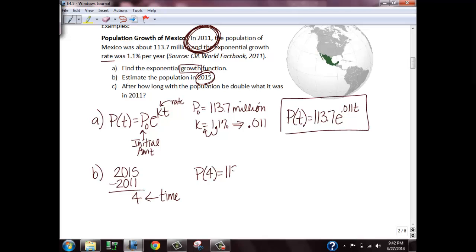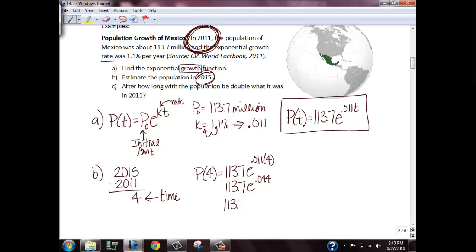So I get 113.7 times e raised to my constant, which is 0.011, times my time, which we're plugging in 4 years. And then I just simplify, and I do simplification in the exponent first. So I have 113.7 times e to the 0.044 when I multiply my exponents.